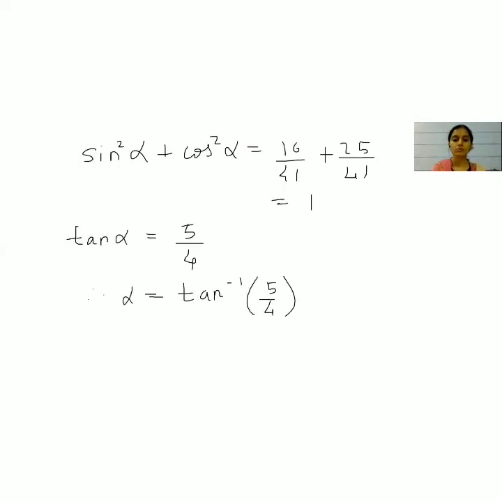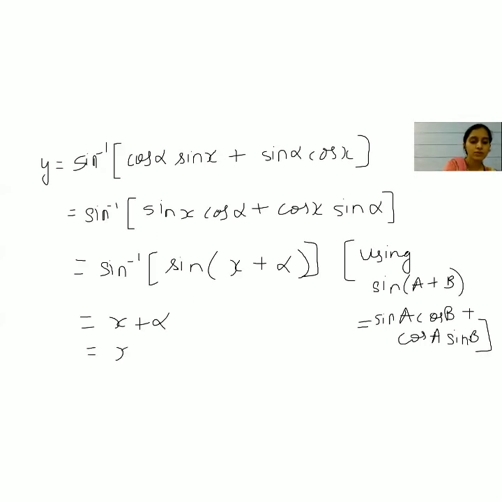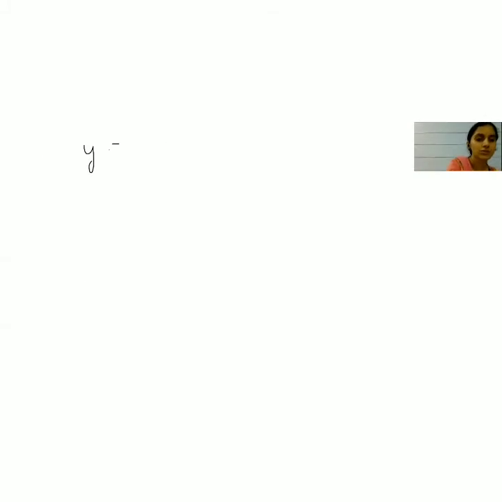Alpha is tan inverse of 5 by 4, which is equal to x plus tan inverse of 5 upon 4. This is your y expression. Now we'll differentiate this. So y is equal to x plus tan inverse of 5 by 4. So dy by dx is equal to, what is the derivative of x? 1. And the derivative of a constant term, that is tan inverse 5 by 4, will be 0. So the answer is 1.